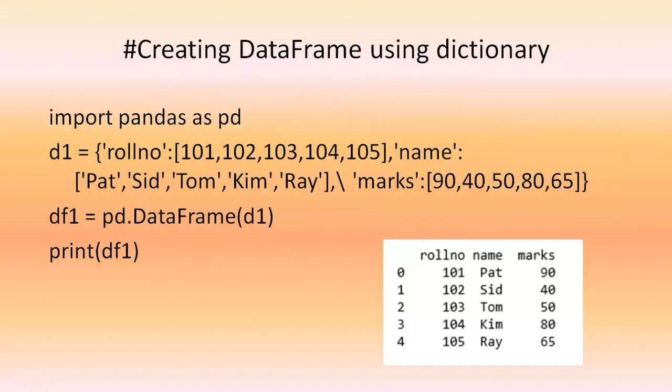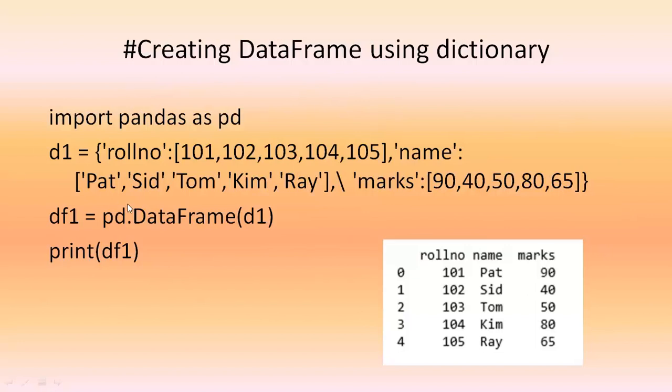The DataFrame function is used to create a data frame. So df1, a data frame object, will be created with the help of the DataFrame function, and the argument passed in it is d1. What is d1? D1 here is a dictionary.